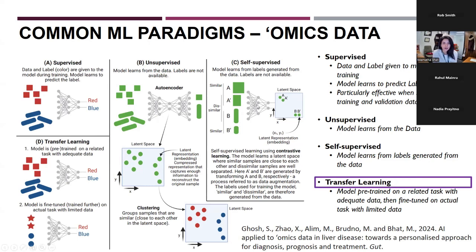Another interesting paradigm, especially useful with omics data, but which can also be applied to other types of data, is transfer learning.